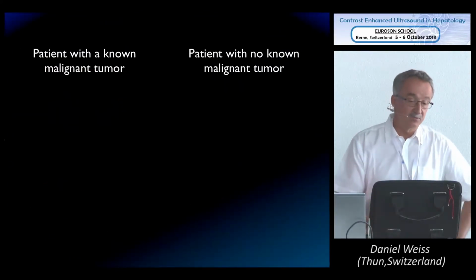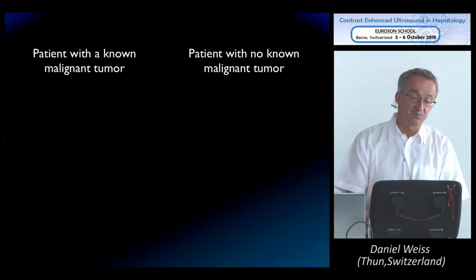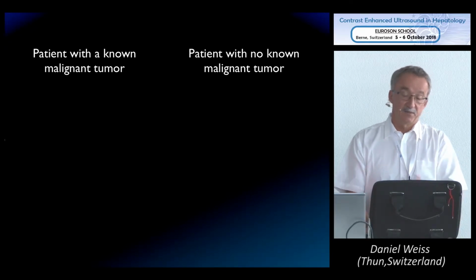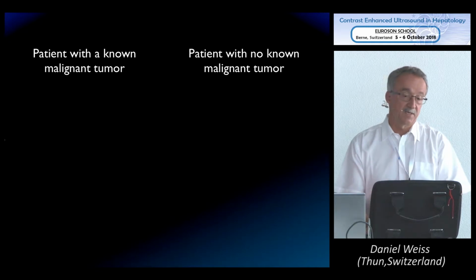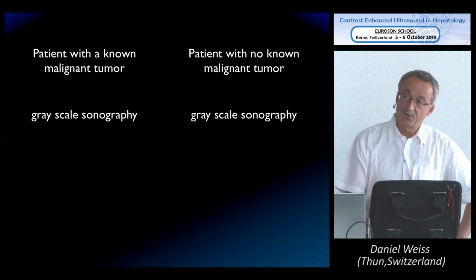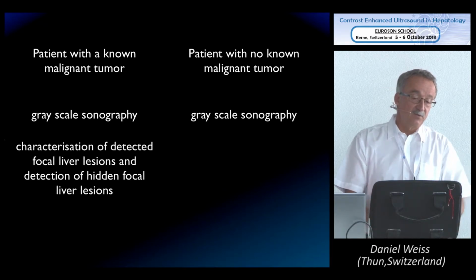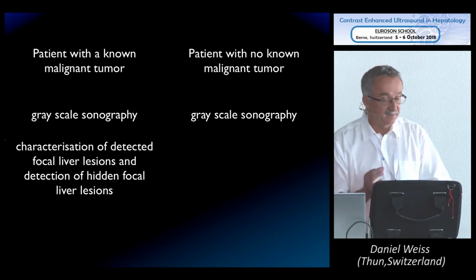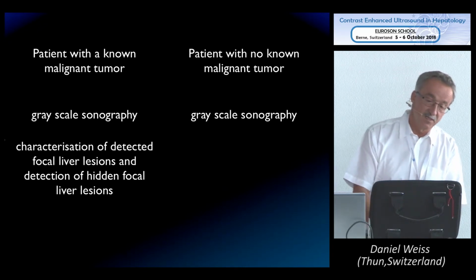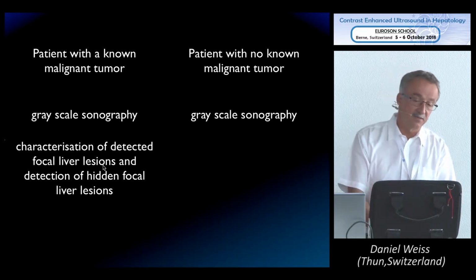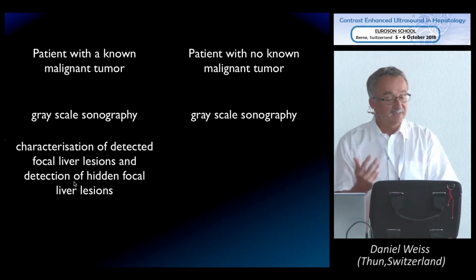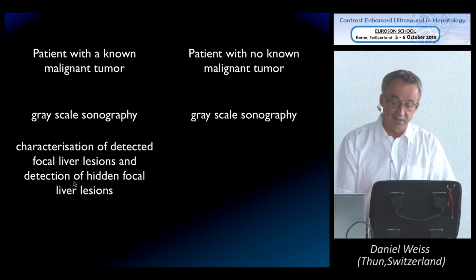So let me conclude. If we have a patient with a known malignant tumor, and on the other side with no known malignant tumor, in both situations we do a grayscale sonography. In patients with a known malignant tumor, we do a characterization of the detected focal liver lesions, but we also have to detect hidden focal liver lesions in the late phase.